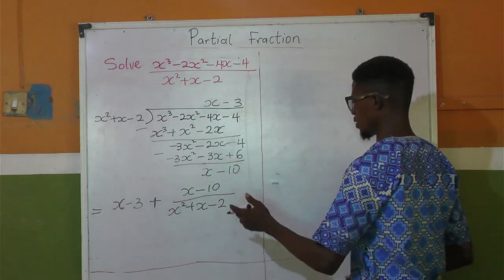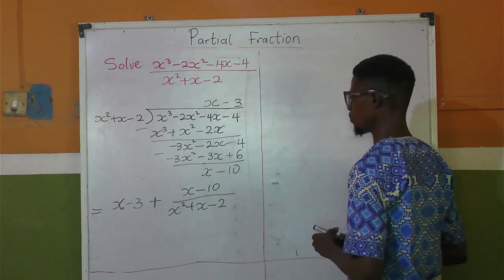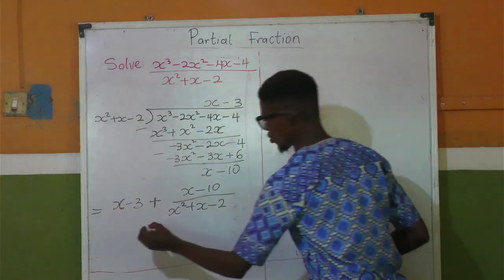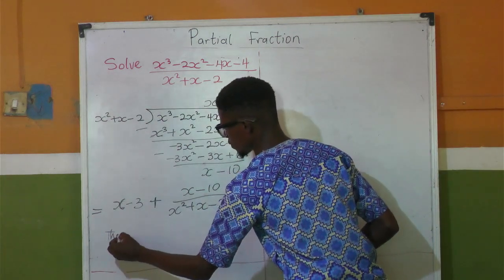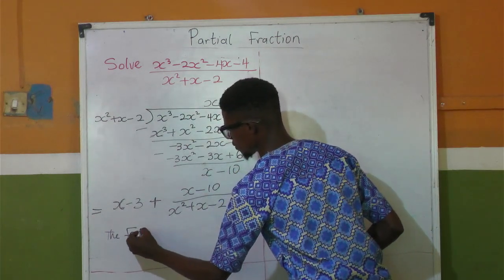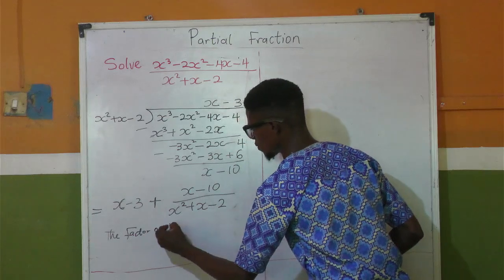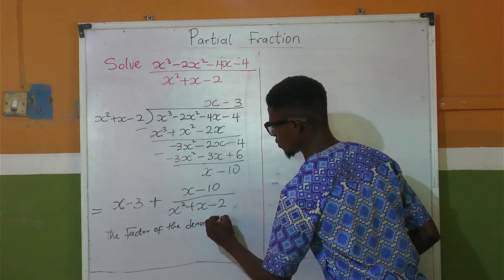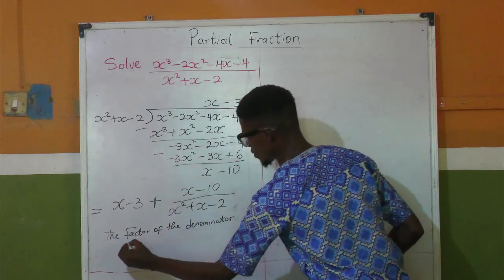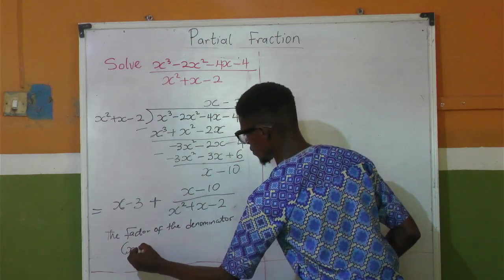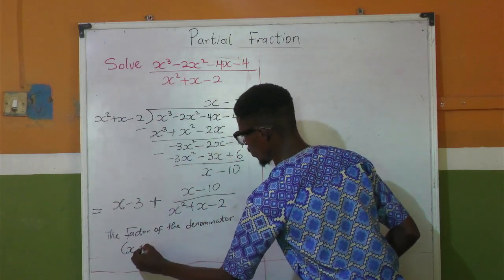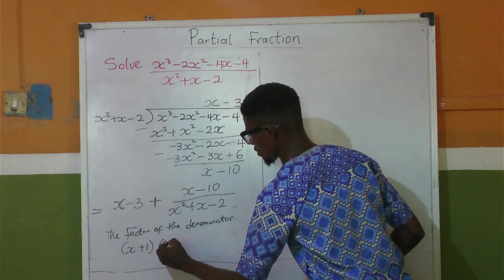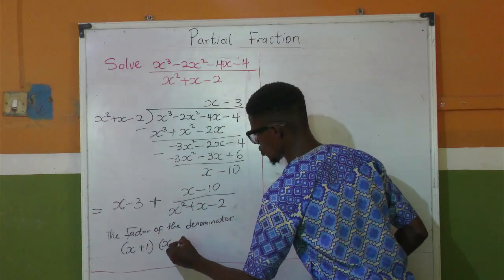In the case of this particular question, the factors of the denominator will be x plus 1 and x minus 2.